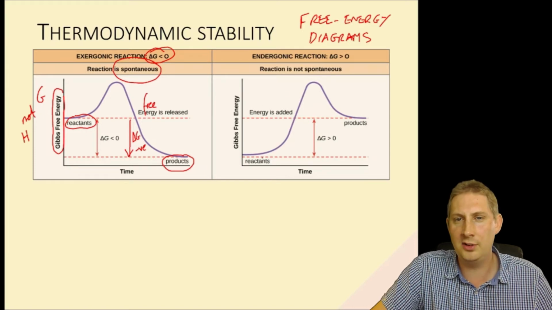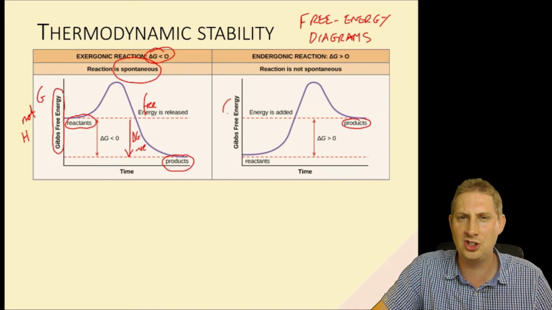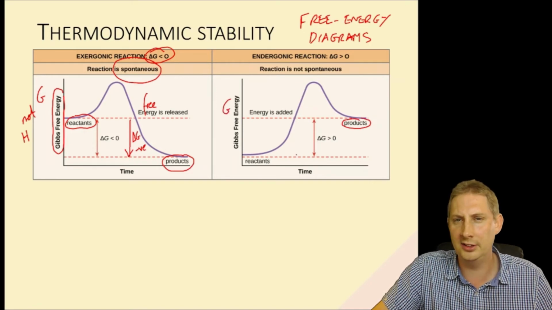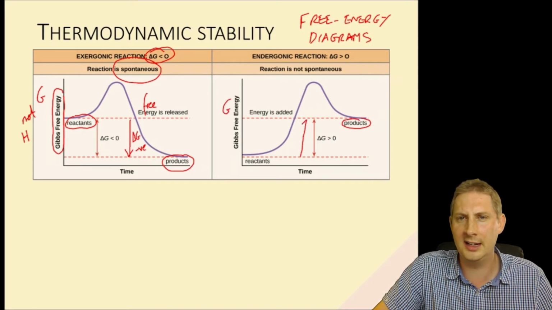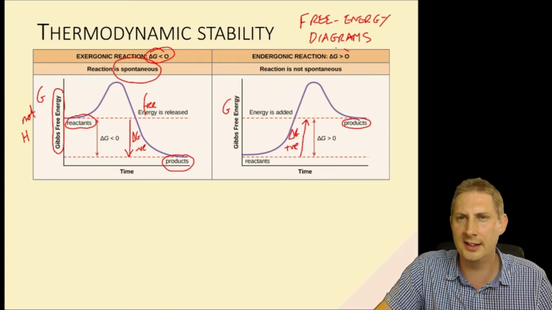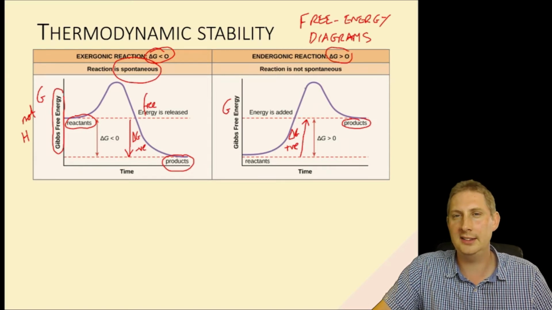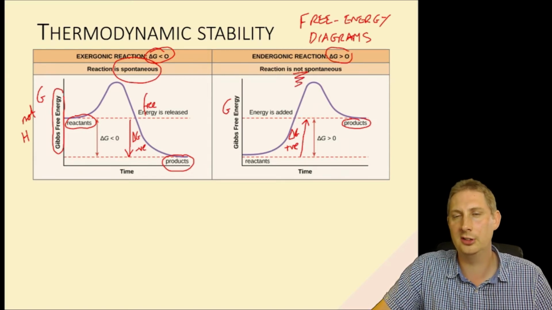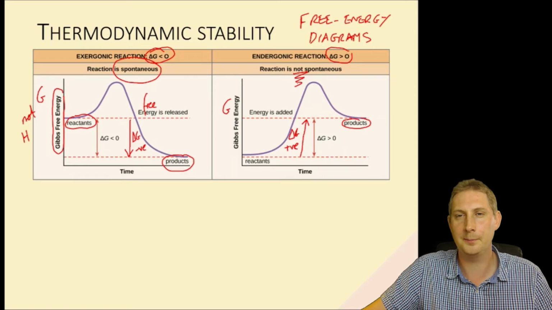Over here, however, we have a situation where the products are higher in free energy G than reactants. In other words, delta G is positive. Delta G is greater than 0. And such a reaction is not spontaneous.